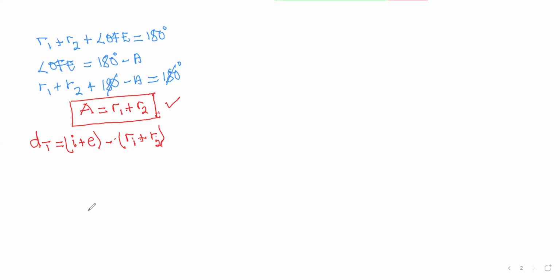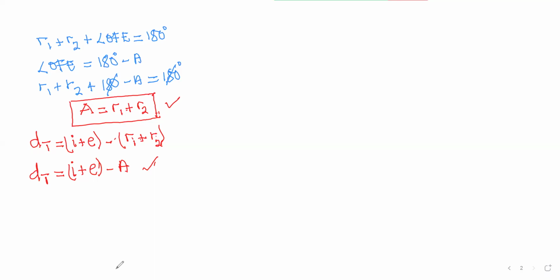So if we have finally realized that R1 plus R2 is equal to A, then the total deviation dt within the prism must be equal to I plus E minus the refracting angle of the prism, which is this one. Class, are we okay?